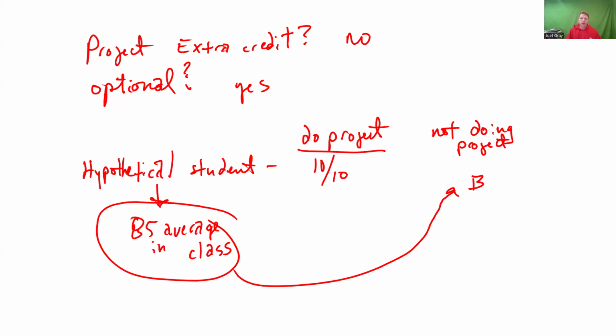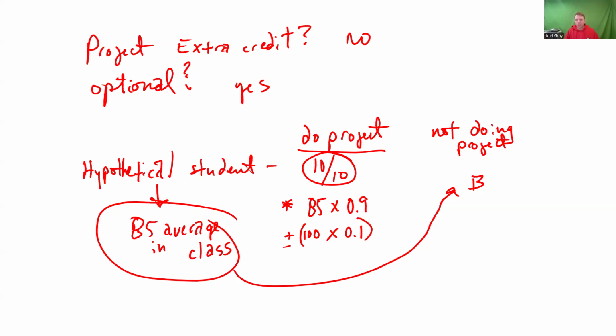Okay. Now, in the event that they do the project, what I'm going to do is take that 85, that average they have in the class, and multiply it by 0.9. The reason I'm going to do that is because this 10 out of 10 will be that last 10% of their class grade. So I will take the 85, the average they have with everything else, multiply it by 0.9, and then add to that 100 times 0.1.